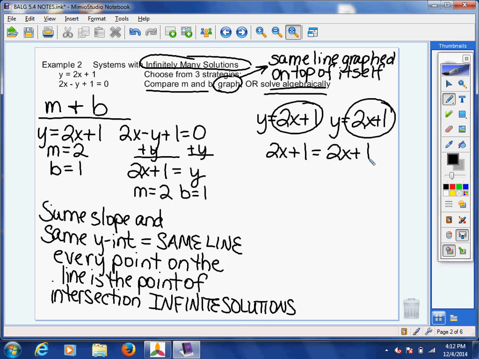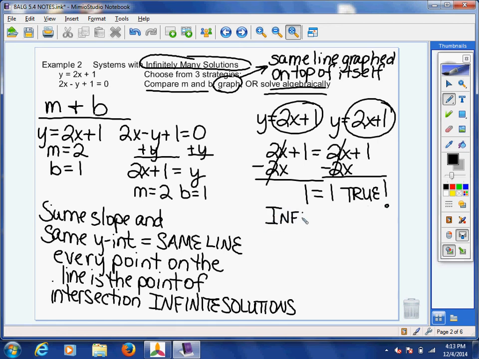But if you don't, you could go ahead and try to solve for x. What you'll notice is they cancel out, and I have 1 equals 1. Here's what you ask yourself: does 1 equal 1? Yes, this is true. That is absolute truth, 1 does equal itself. So you say, oh, this is the same line, so my answer is infinite solutions.